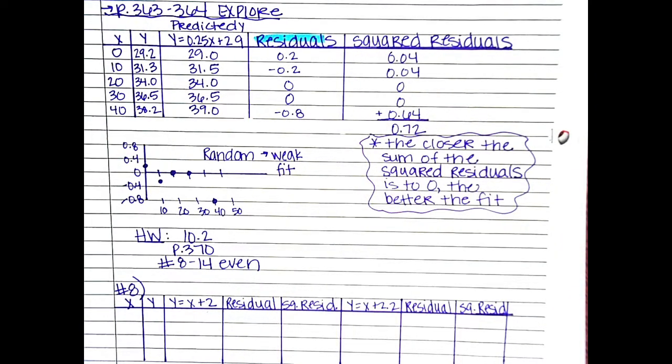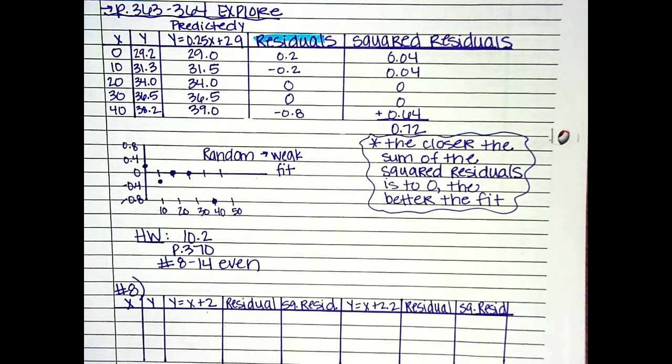So that's very close to 1, so it's not super close, which makes it a weak line of fit.